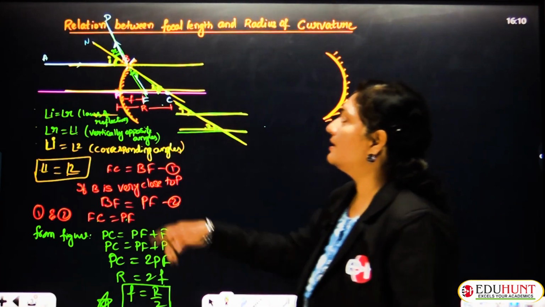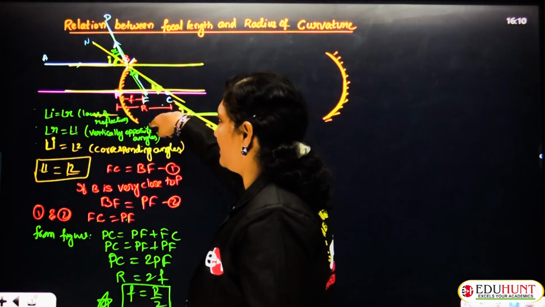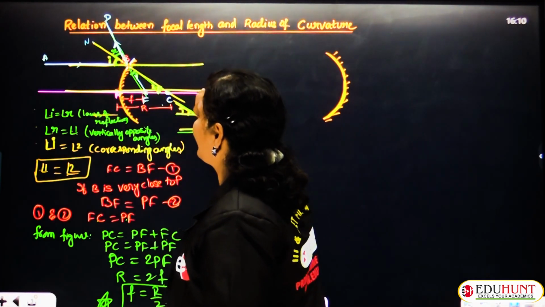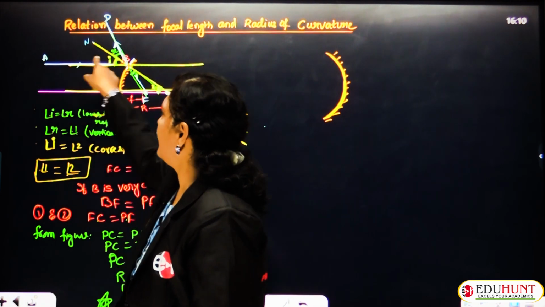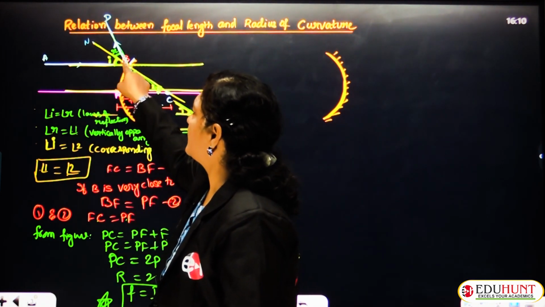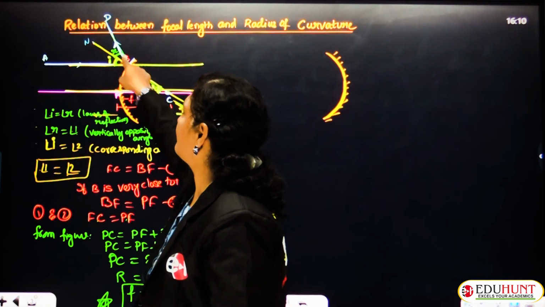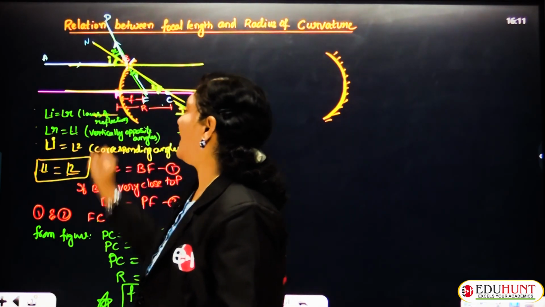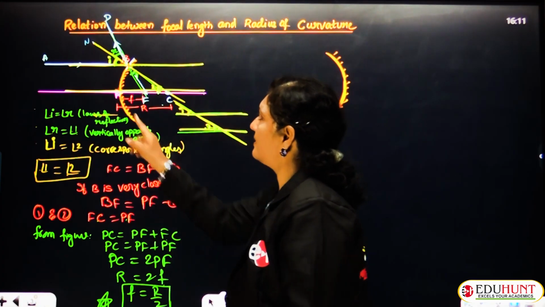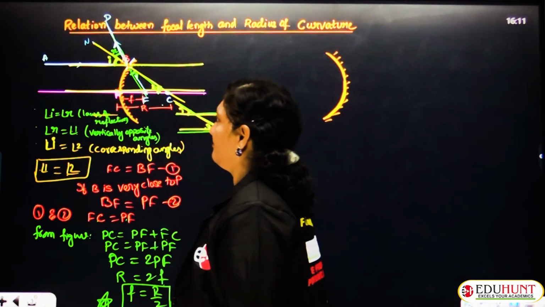So what we have considered is a convex mirror and a principal axis, through which a light ray AB is incident, and this light ray AB, after falling on the convex mirror, reflects back and takes the path BD. So AB is your incident ray and BD is your reflected ray.